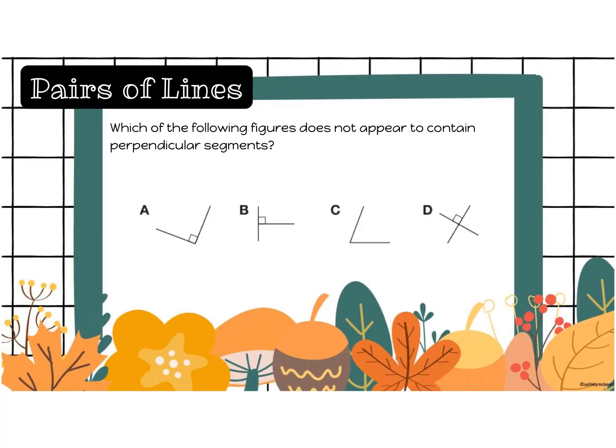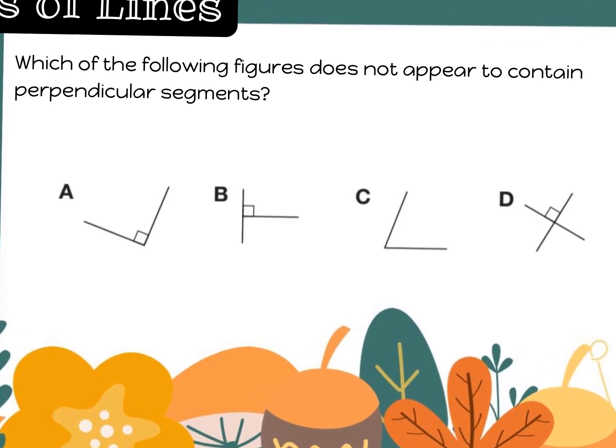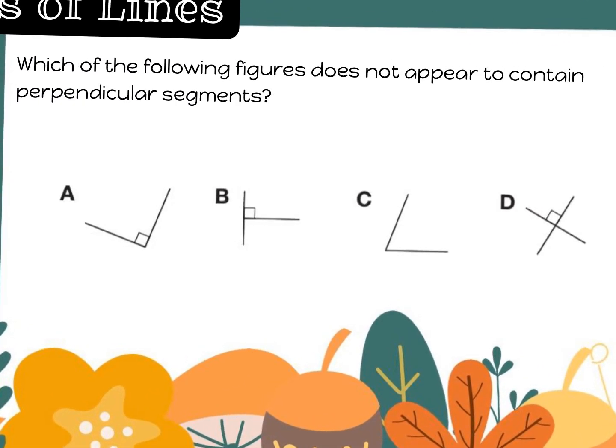Which of the following figures does not appear to contain perpendicular line segments? So which one of these? C. Y'all all say it. C. Okay, now raise your hand and tell me why C is not perpendicular. C is an acute angle and it doesn't have lines that are behind it.